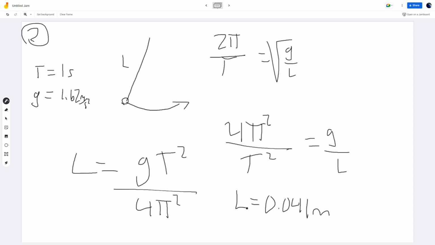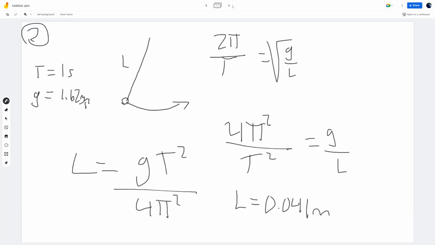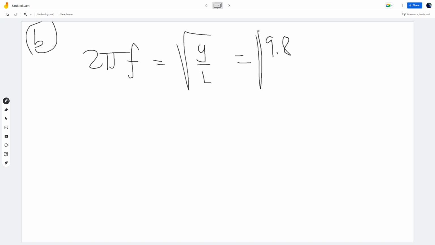This period is measured to be 1 second. Swing back and forth 1 second. All right, sure, that's good enough. Okay, so now it's brought back to Earth, and set into simple harmonic motion. What is its measured frequency? So now we're going to be using the relationship 2 pi f equals root g over L, with g being 9.8 and L being the L we calculated at 0.041.